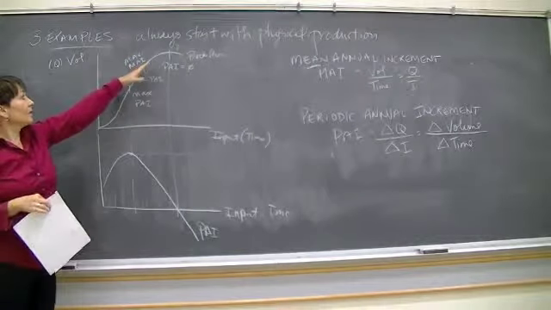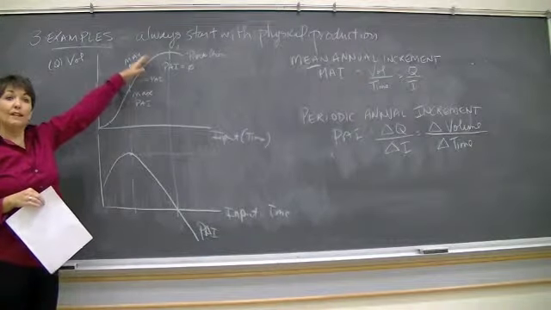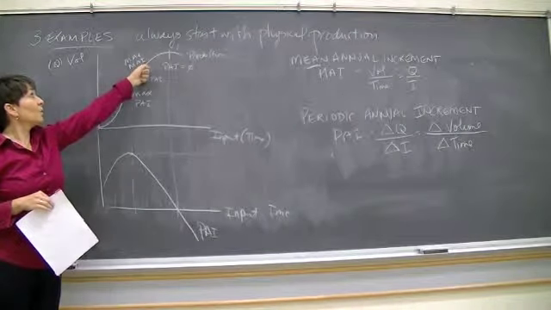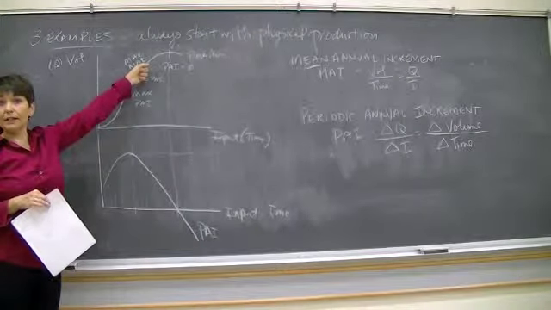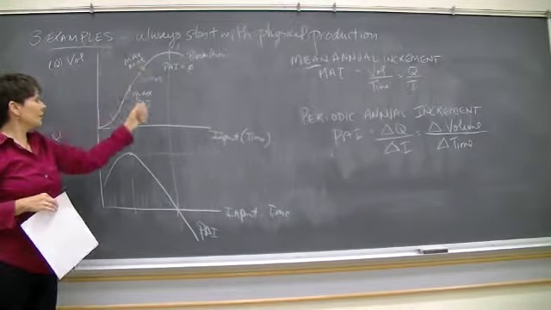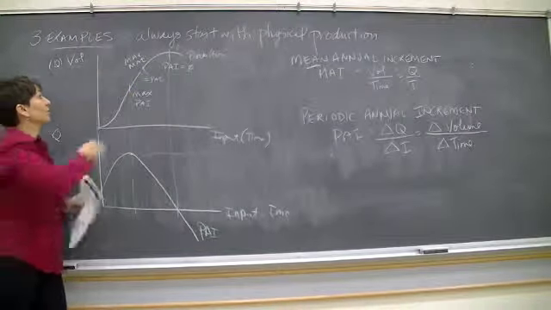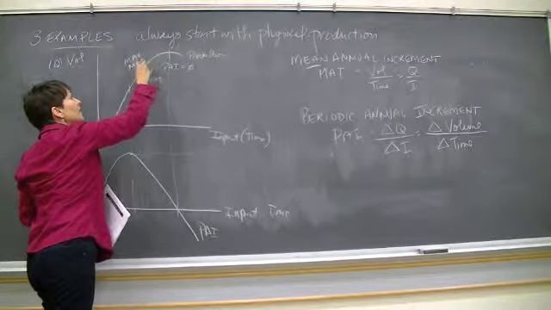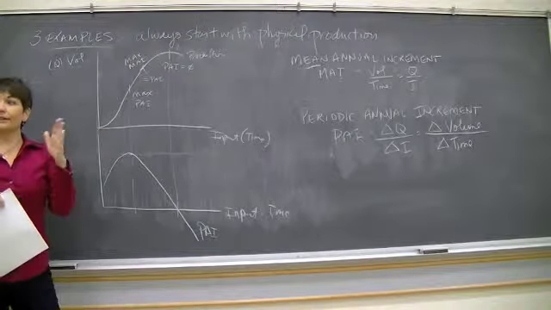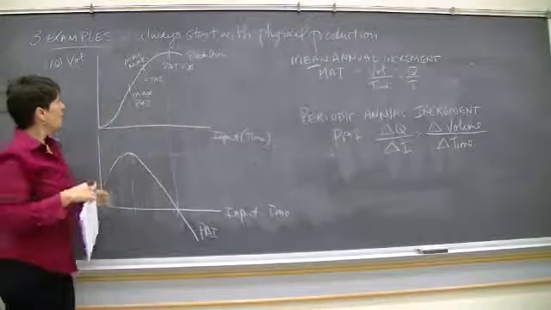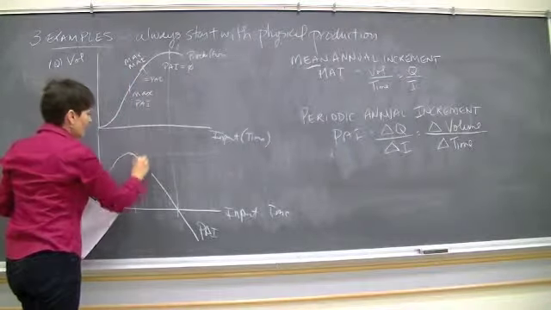The reason for that is because we're measuring the slope of a line tangent to the curve. So from the origin to this point, for the mean annual increment, volume divided by time. And for the periodic annual increment, we're also measuring a line just tangent to the curve. Of course, they're equal. It's the same tangential point. So at this point, they're equal.